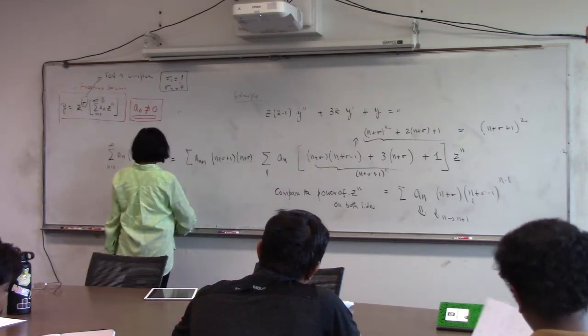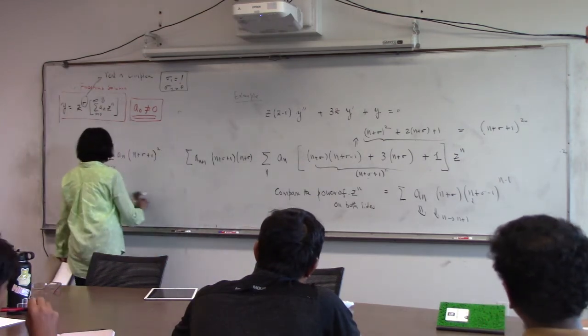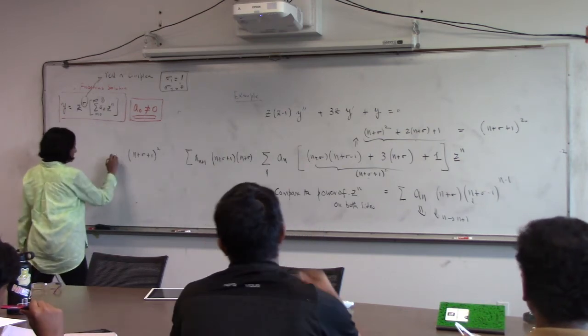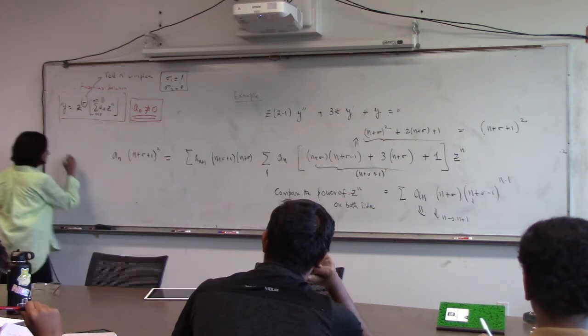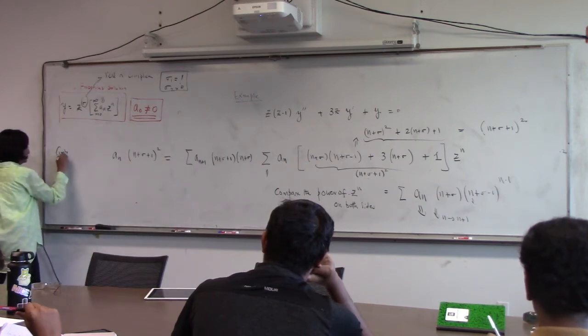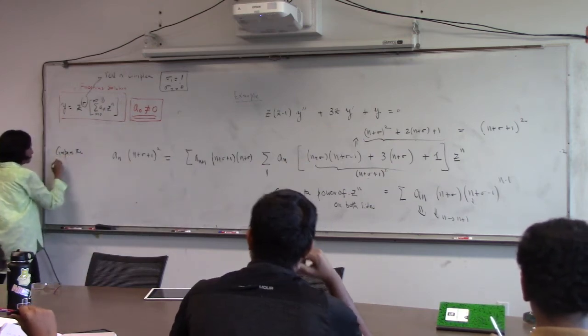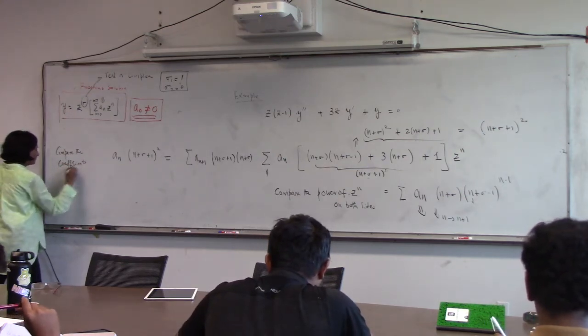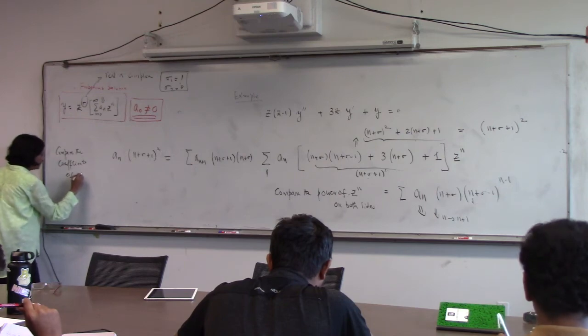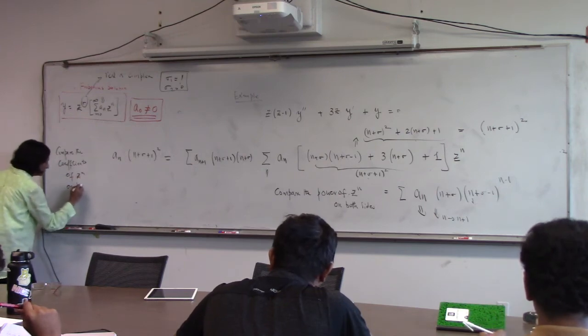So now this is the power of z on both sides, in both cases. This is the coefficient, we're looking at the power of n, right? So compare the coefficients of z to the power n on both sides. So that's what we do.